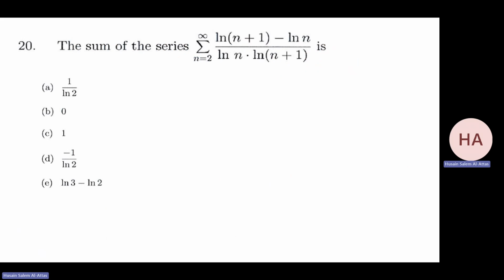The sum of this series, how to do that? If you notice, this one I can rewrite as ln of n plus 1 over this, minus ln n over this.